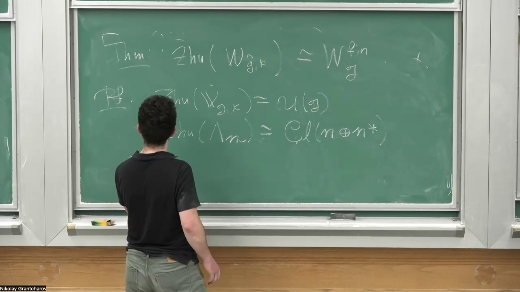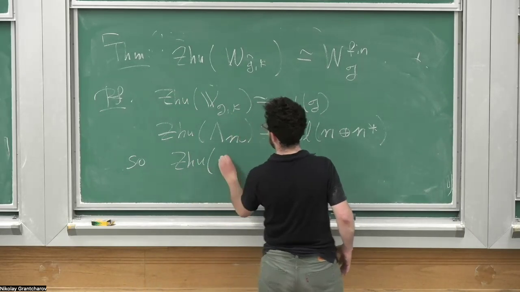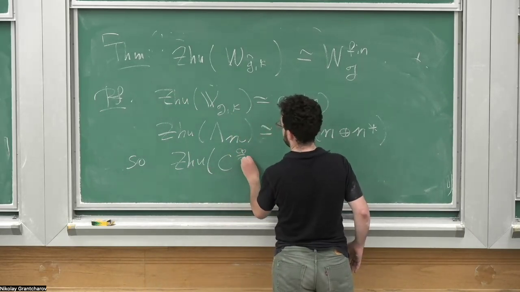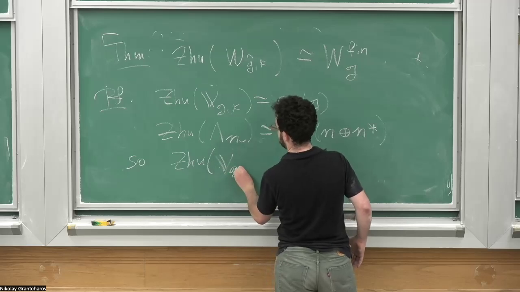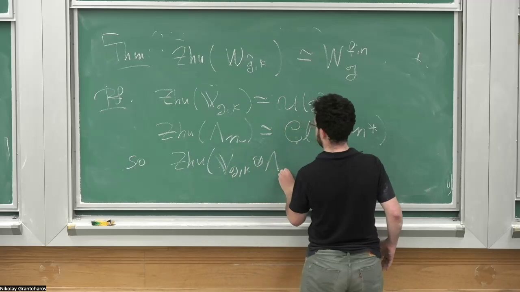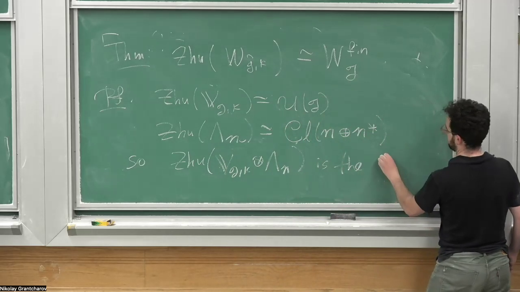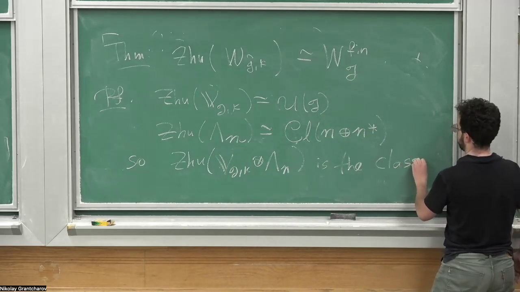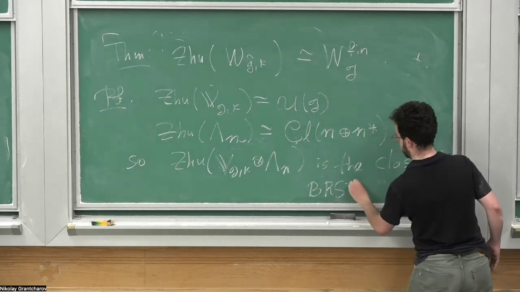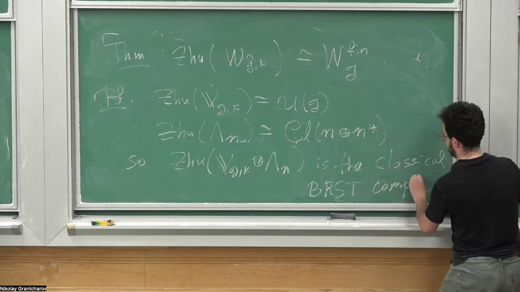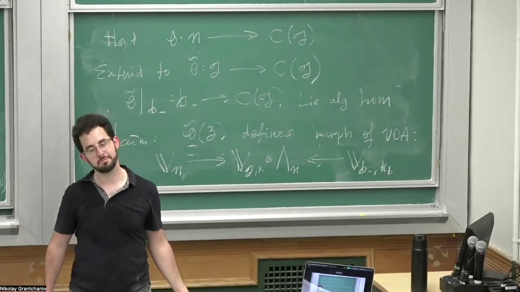So the U algebra applied to the semi-infinite complex, or let's write it in terms of the resolution, the U algebra applied to that is exactly the classical BRST complex. That's it. So, thank you.